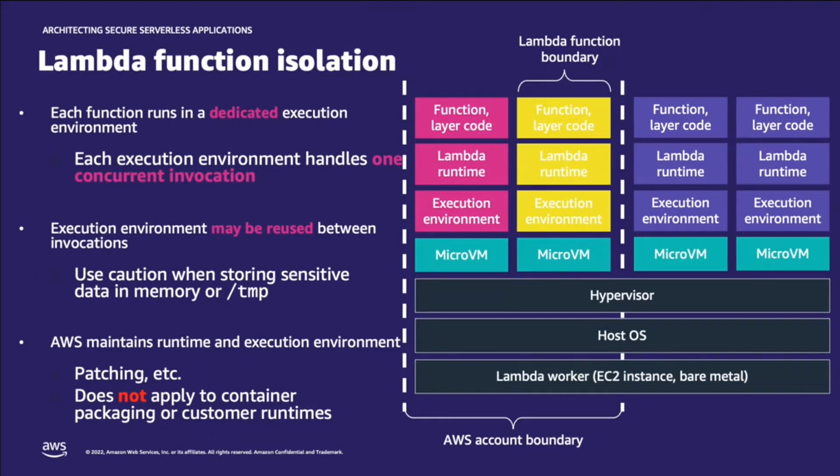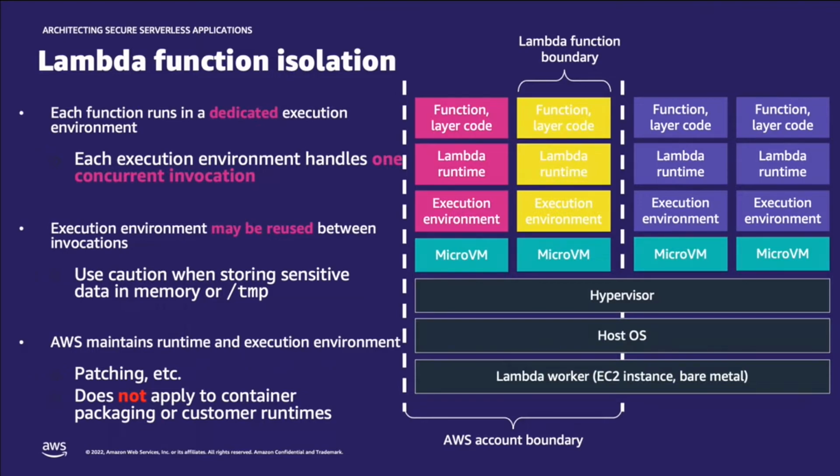So basically, each function runs in one or more dedicated execution environments that are used for the lifetime of the function and then destroyed. In other words, each execution environment hosts one concurrent invocation, but it's reused in place across multiple serial invocations of the same function, right? So rather than just dropping the existing one and creating something from scratch, the environment is reused.